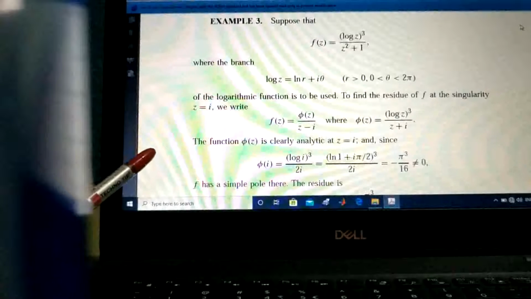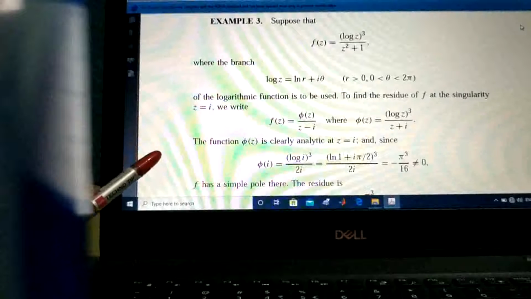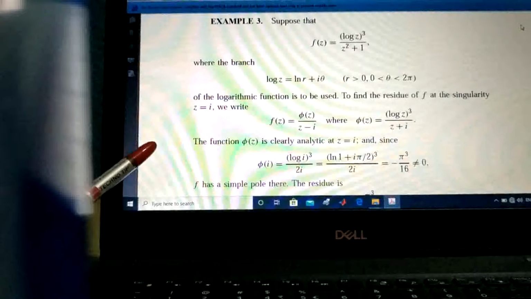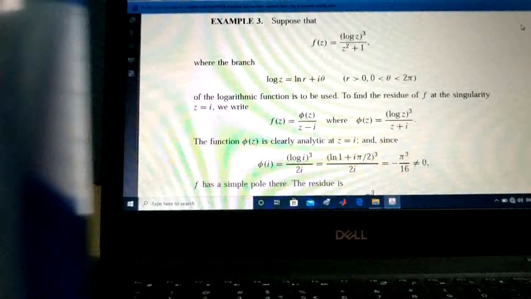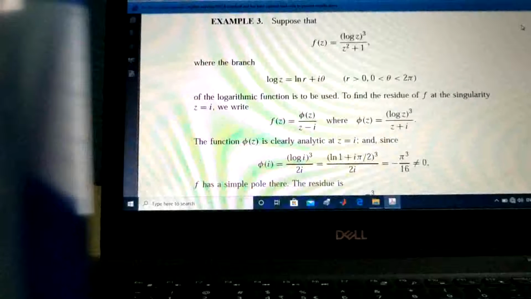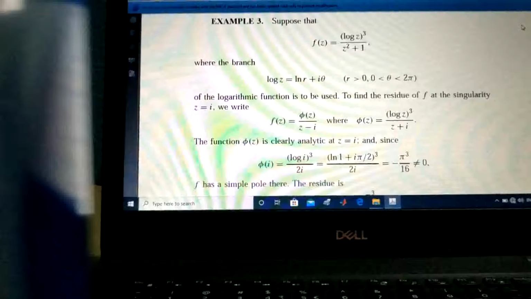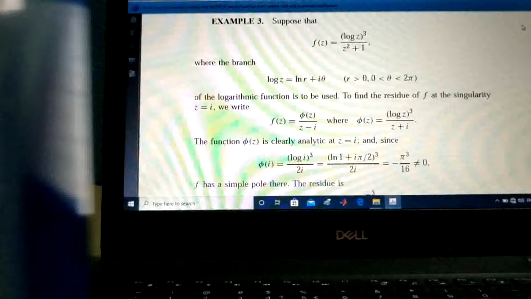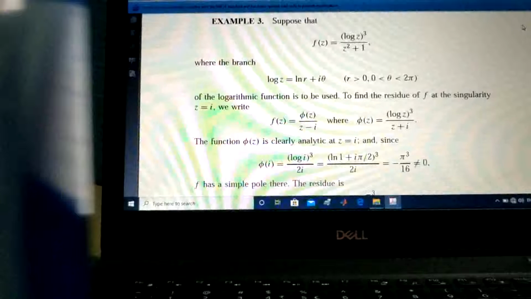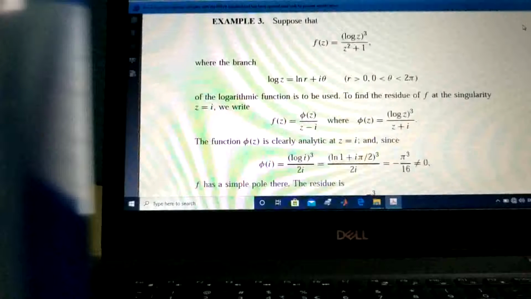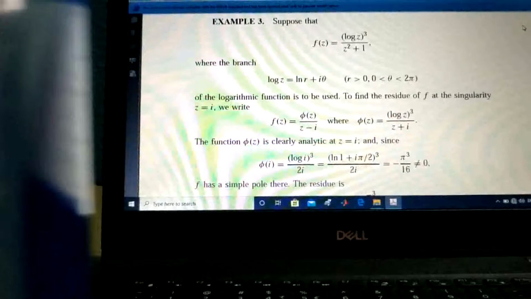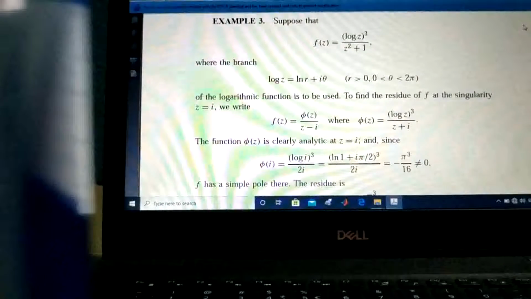So let us discuss how they are isolated singular points, z equals i or minus i, because clearly we can see that for z equals i, in a deleted neighborhood of i, the function will be completely analytic.